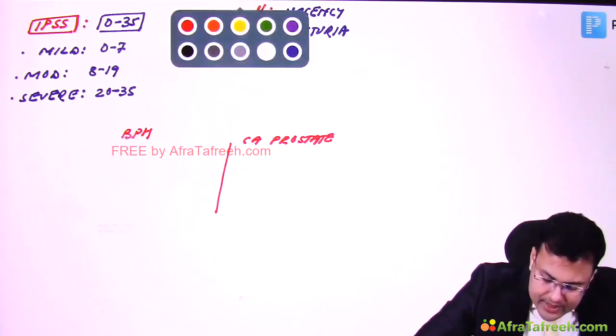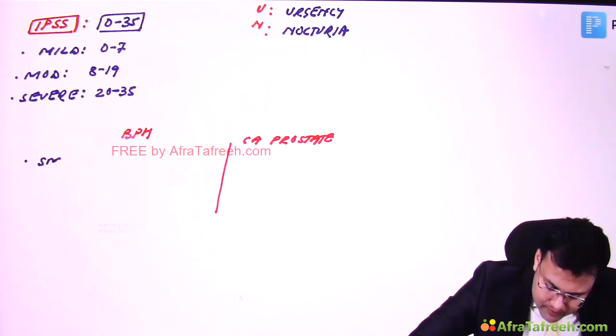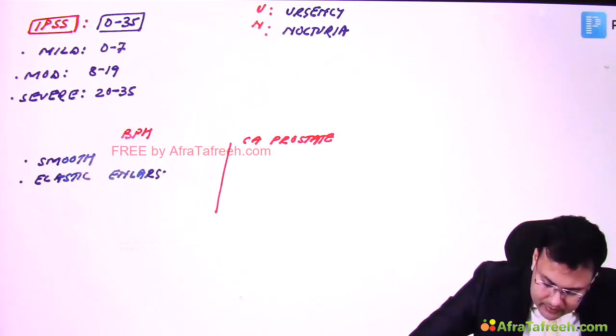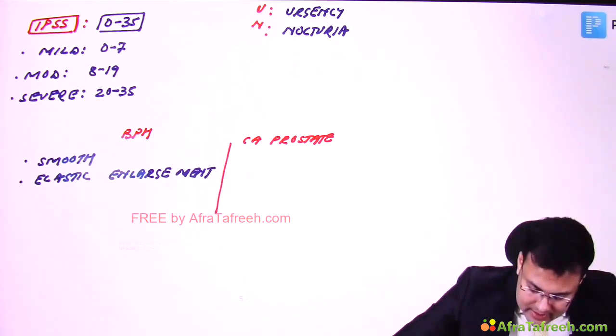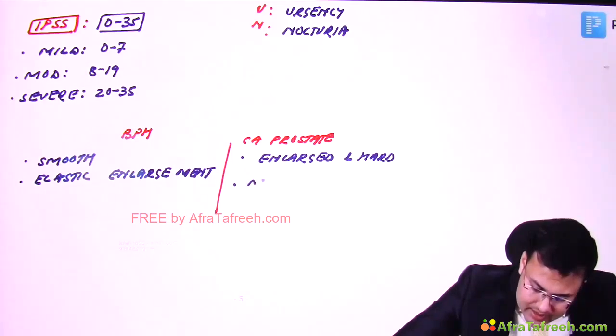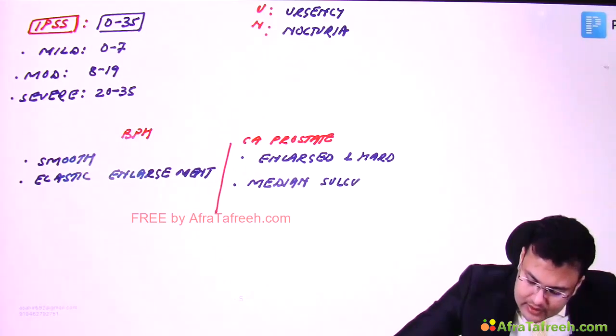In BPH there is smooth elastic enlargement, but in carcinoma prostate, the prostate is enlarged and hard, with median sulcus obliteration.